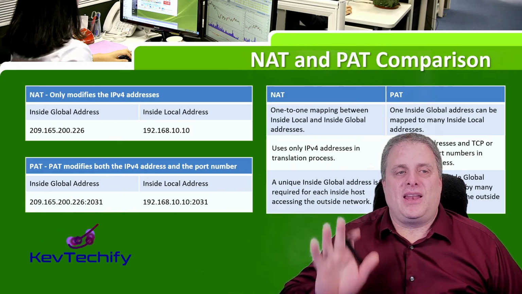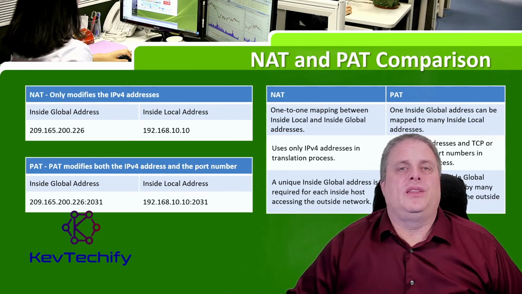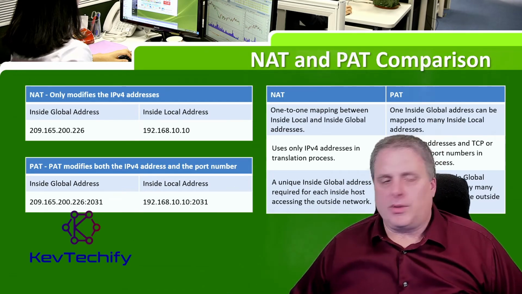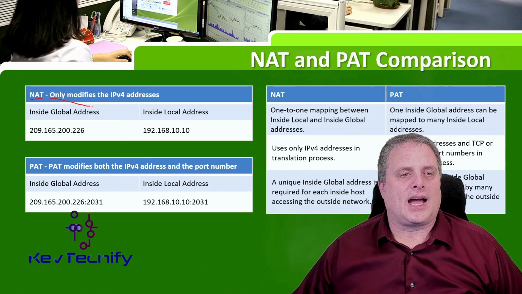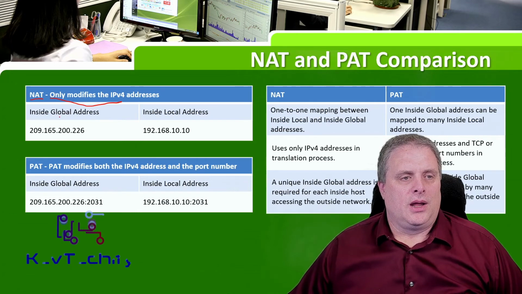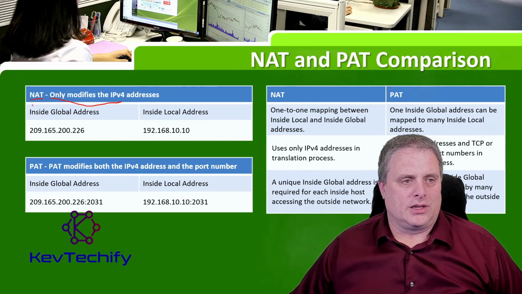Looking at NAT and PAT, there are some differences between the two. The first one we're going to talk about here is NAT, Network Address Translation. It only modifies the IPv4 address. We can see that the inside global address, so this is the location, this is the point of view.